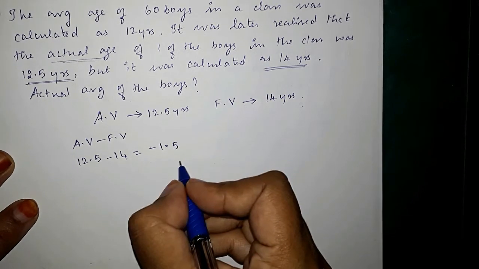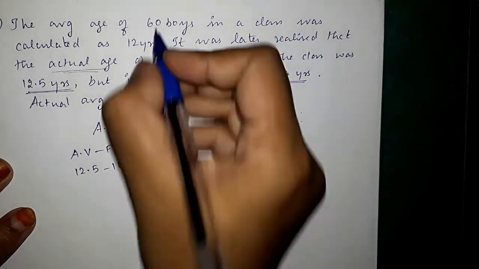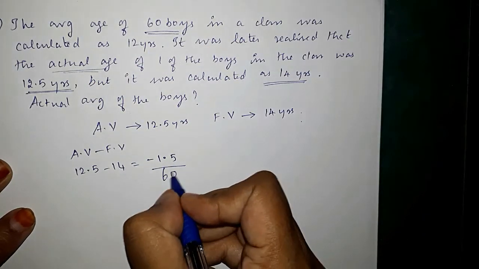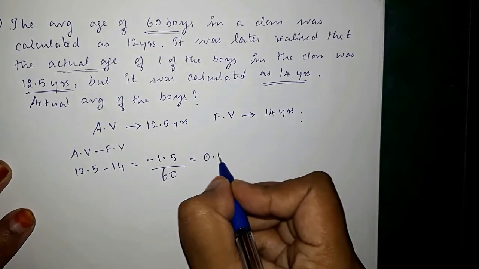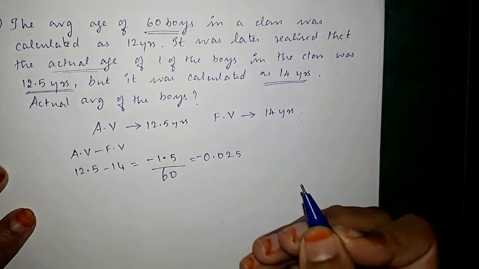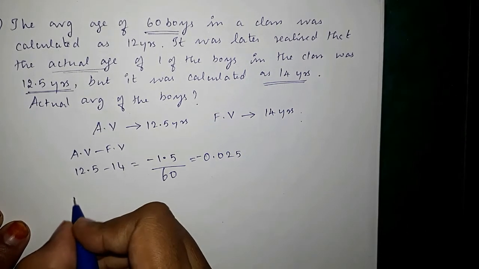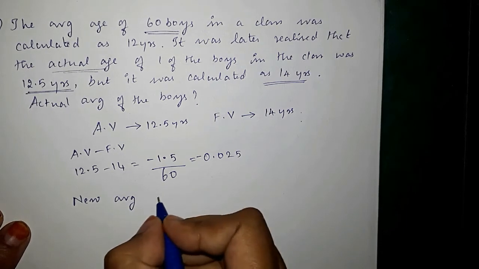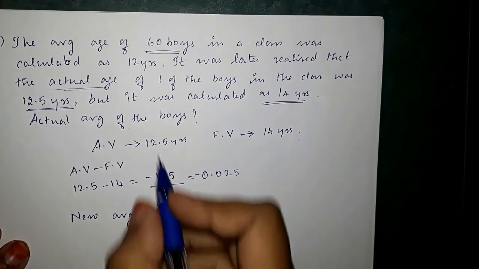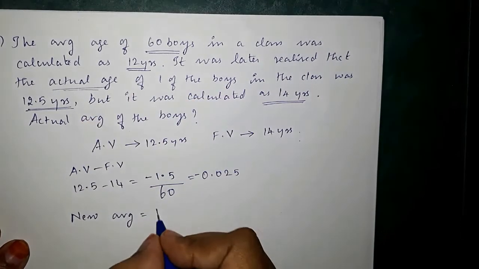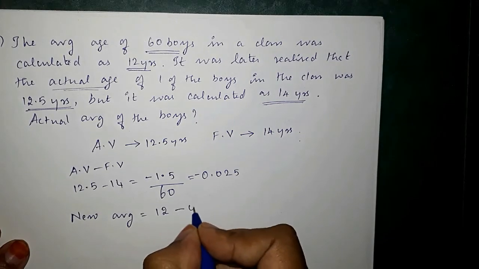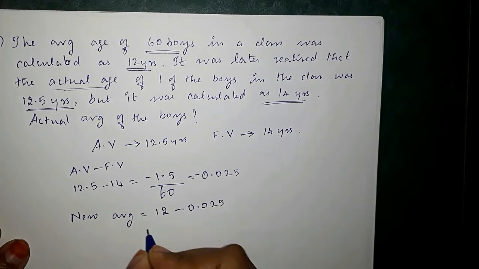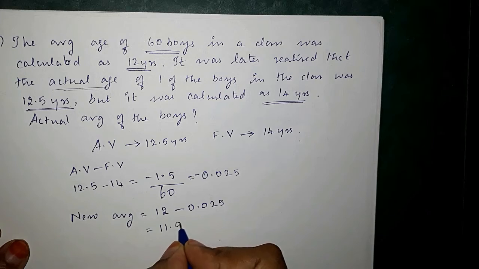This must be equally distributed to the 60 boys. So we get minus 0.025. The new average is equal to the old average, 12, minus 0.025, which gives 11.975 years.